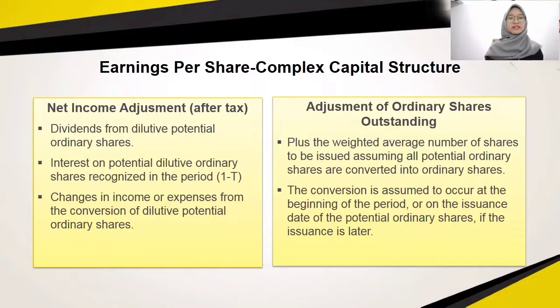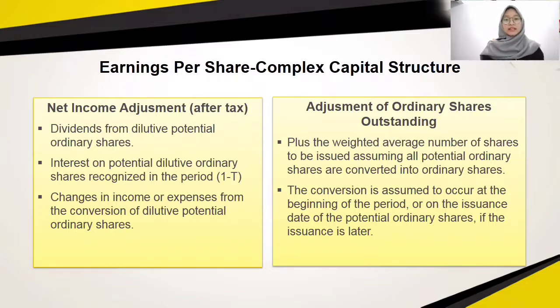And in earnings per share for complex capital structure, there are two topics. This is net income adjustment for after tax and adjustment of ordinary shares outstanding.